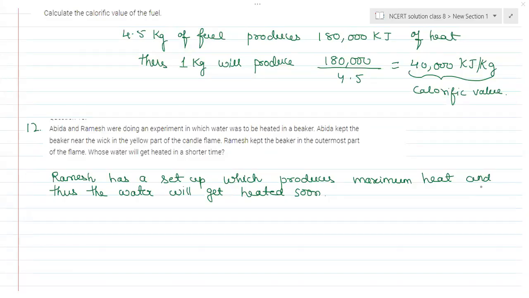Ramesh is using the outermost part of the flame and thus he will get maximum heat. So Ramesh has a setup which produces maximum heat and thus the water will get heated soon.